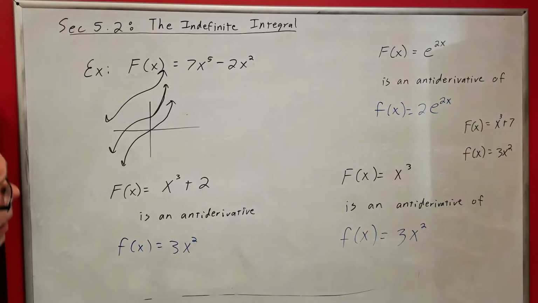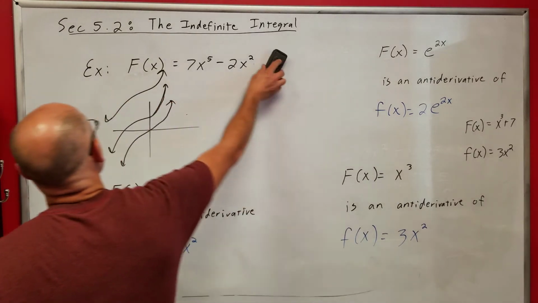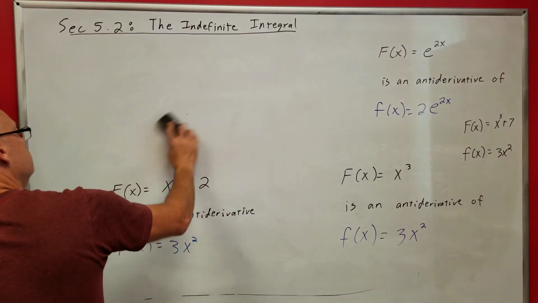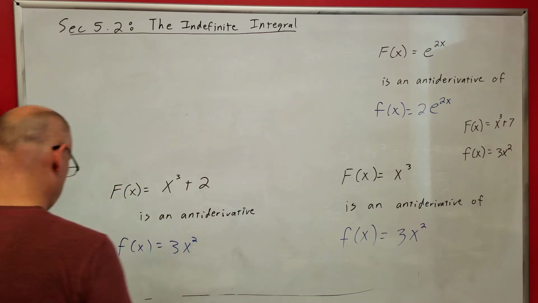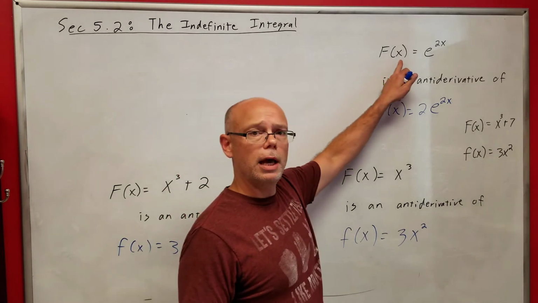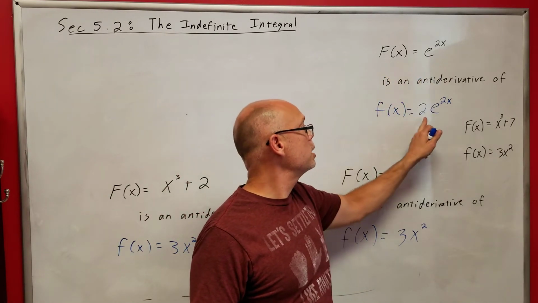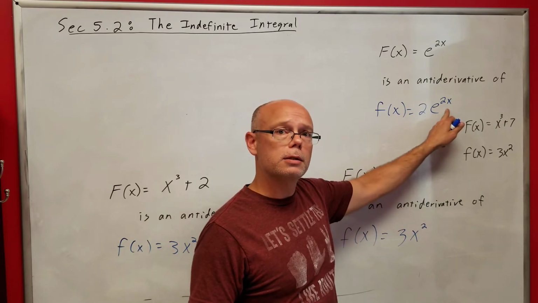All right, so let's look at what we call integration, antiderivative or integration. Y'all agree with this? If capital F of x is equal to e to the 2x, its derivative is 2e to the 2x.